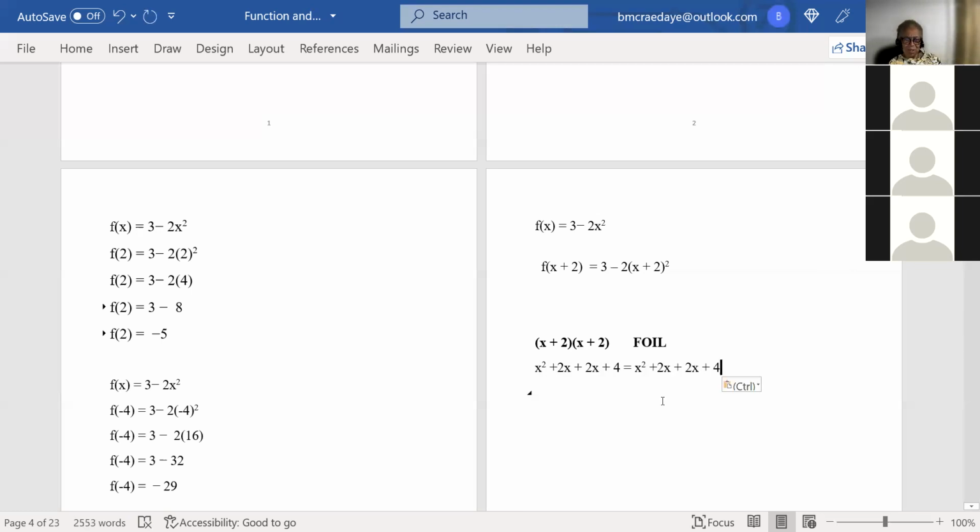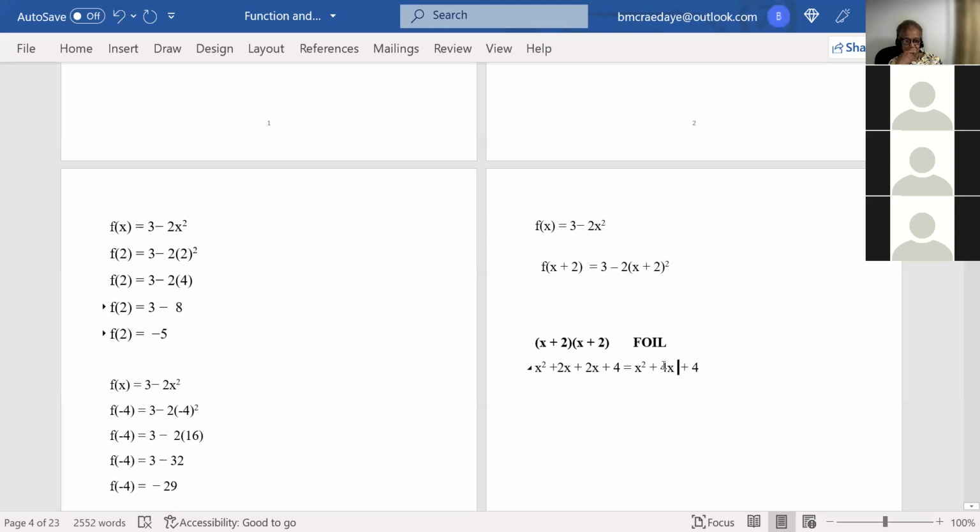Where are you getting a 3? x squared only appears one time, but you have plus 2x and plus 2x. You can combine those. What's 2x plus 2x? It's 4x. That's it. Just add the coefficients, right? So that's 4x. So we can take out those 2x because we added them. And you have x squared plus 4x plus 4.